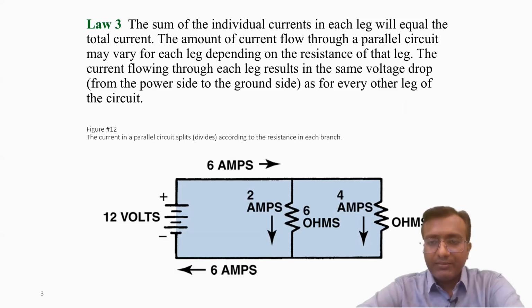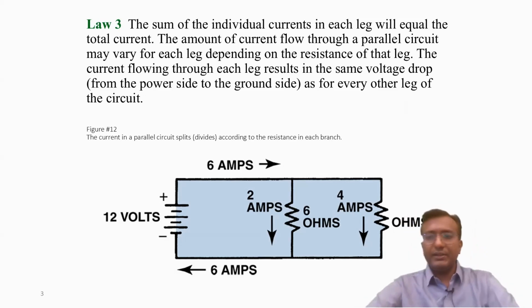In the system, there are two loads connected in parallel to this 12 volt source. The first one has 6 ohms, and the second resistance, I cannot see the value here, is around 2 ohms.